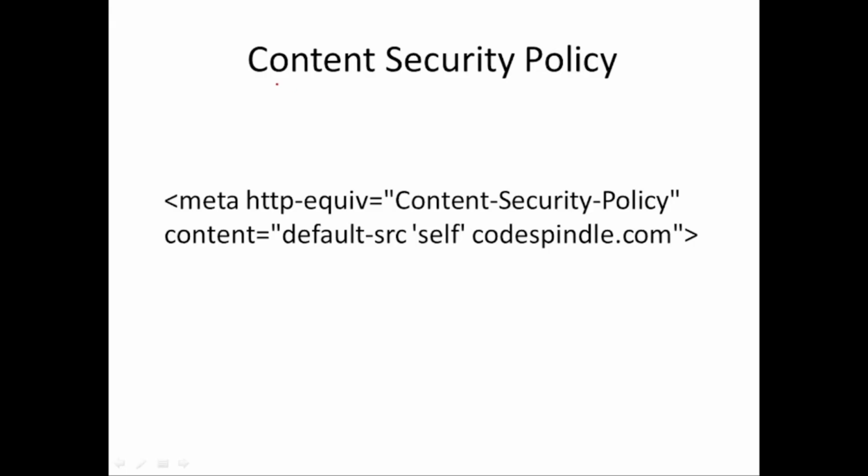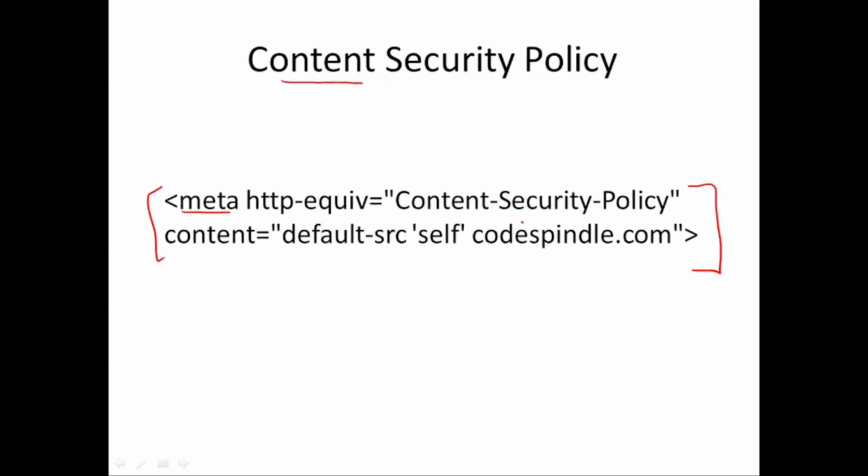So the first technique is we can use content security policy as a value against the http-equiv attribute under the meta tag. We've already discussed this meta tag in detail when we were talking about the HTML head division. If you're not clear about what this one actually does, please refer to my lectures on HTML.